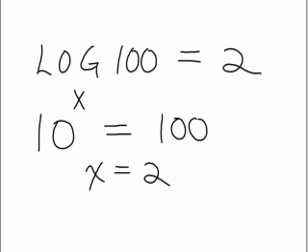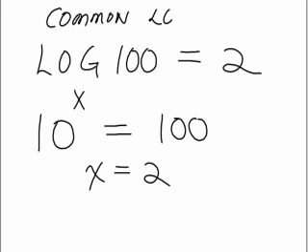So a logarithmic function is actually describing an exponent that is needed to get a particular value. And where you have this base of 10, this is actually called a common logarithm, versus a few minutes ago, we saw the base e called a natural logarithm. This is called a common logarithm.